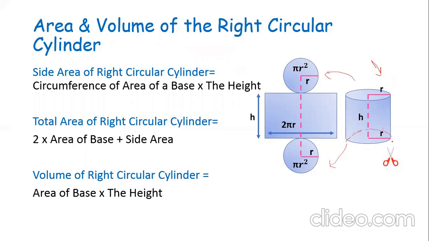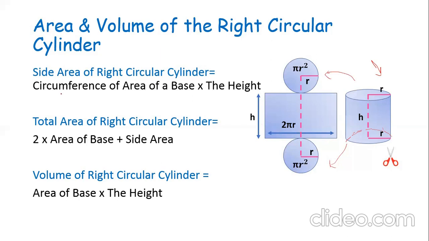So we can imagine that we use the scissors and we cut it here from the edge and then we open it. So it will turn into a rectangle. And the length of this rectangle is nothing but the circumference of one of the bases. And the width is the height of the cylinder.